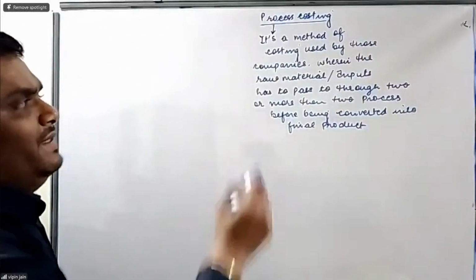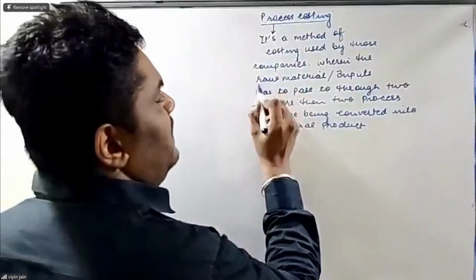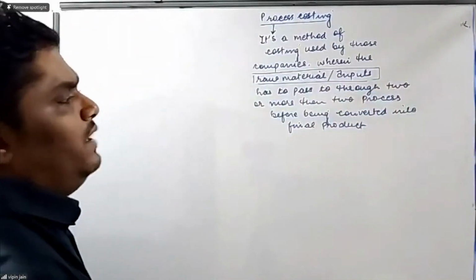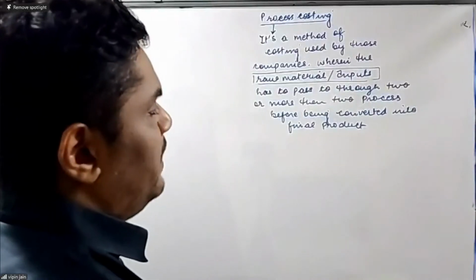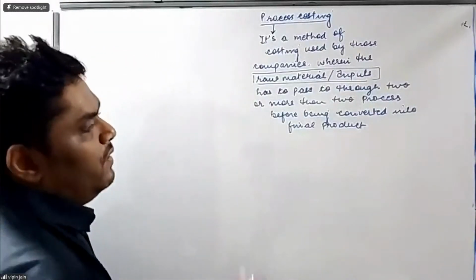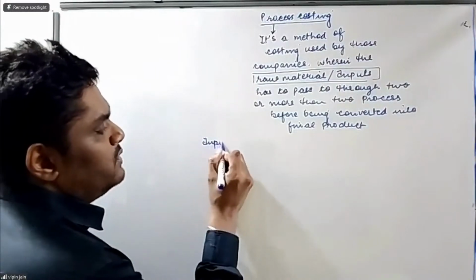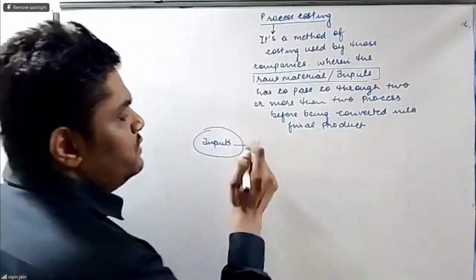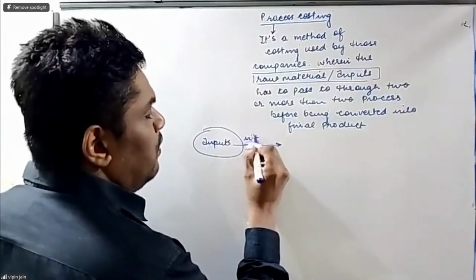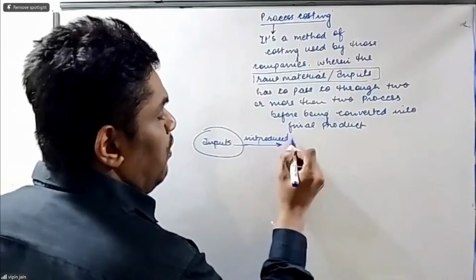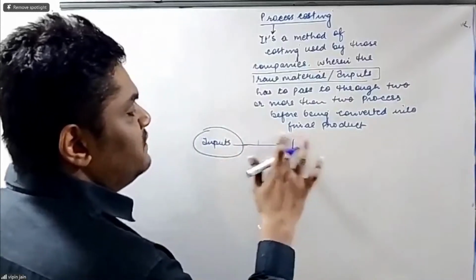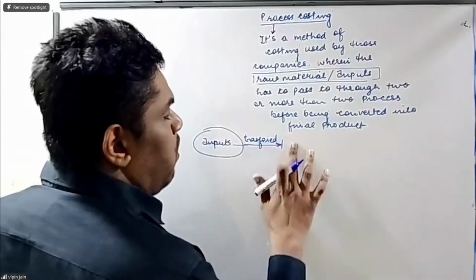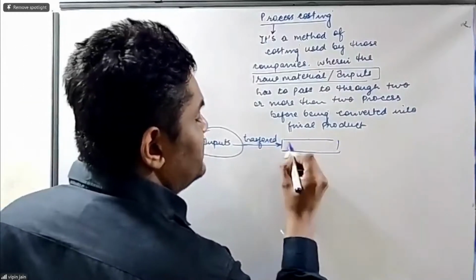So I repeat again, it's a method of costing used by those companies wherein the raw material or inputs has to pass through two or more than two processes before being converted into final product. How does this mechanism work? Let's say these are my inputs. These inputs are introduced, or better, transferred, to process first.